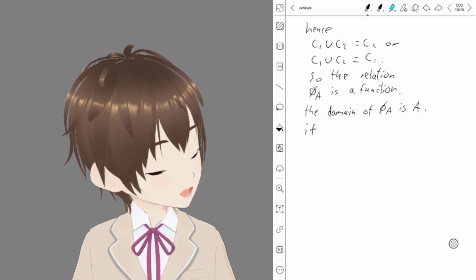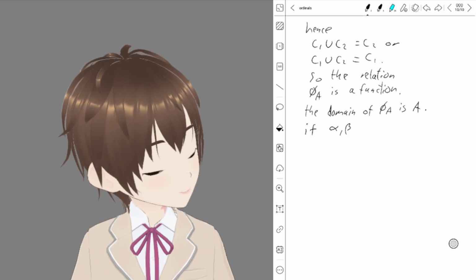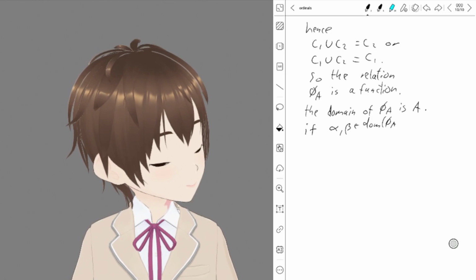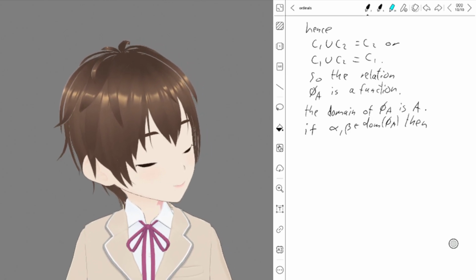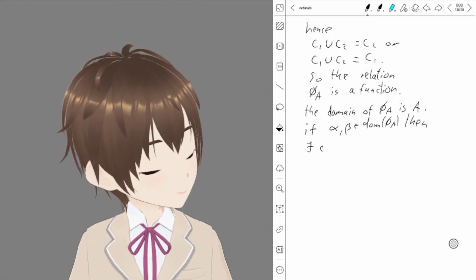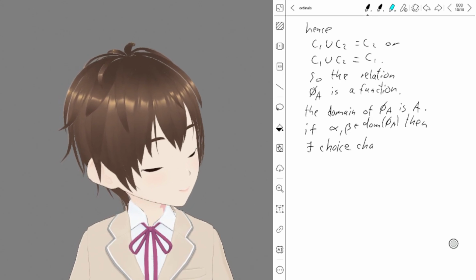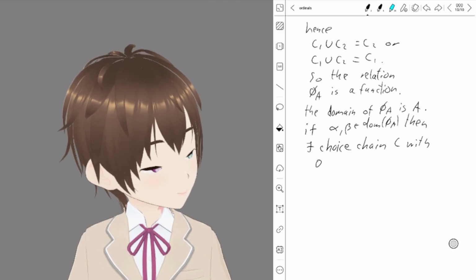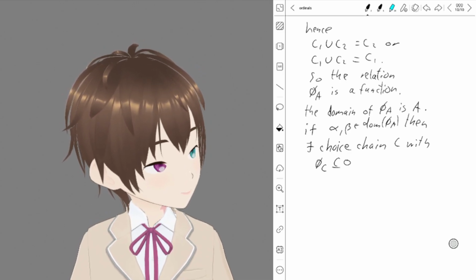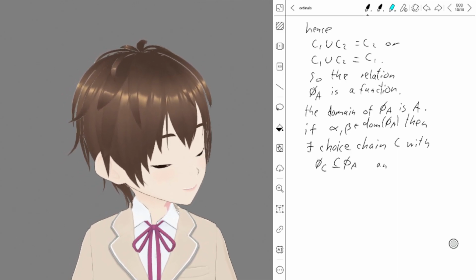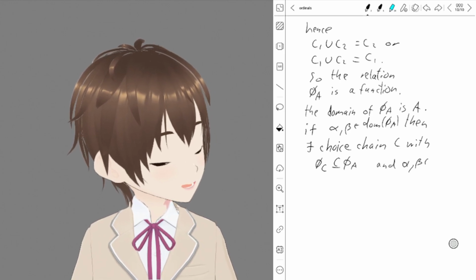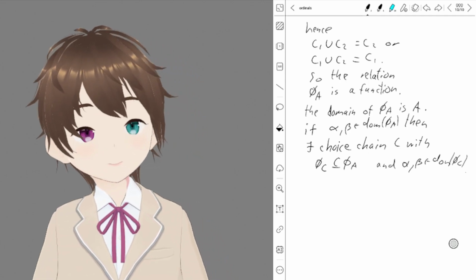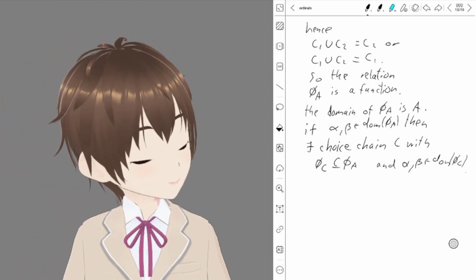If alpha and beta belong to the domain of phi A, then there exists a choice chain C with phi C subset of phi A and alpha, beta in the domain of phi C, because phi C is injective.